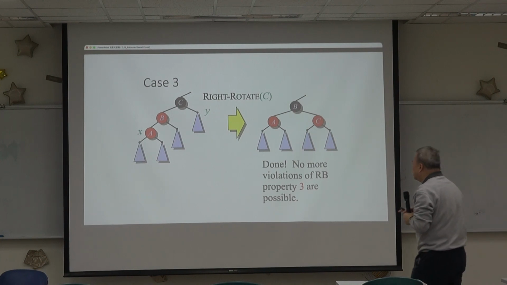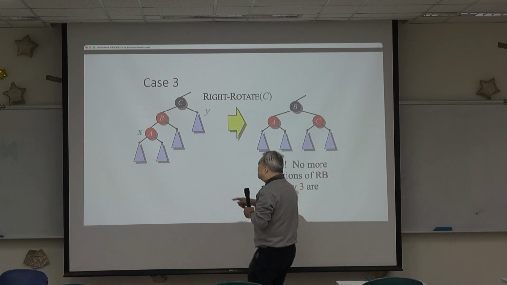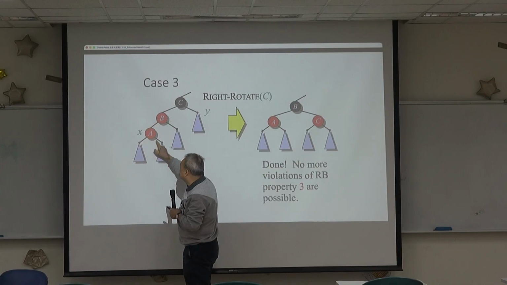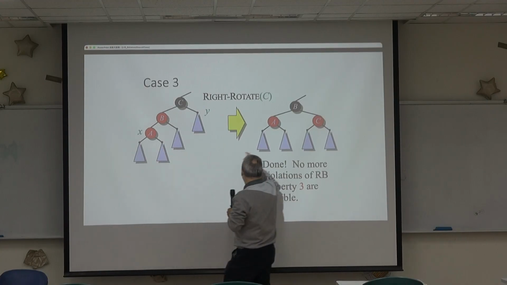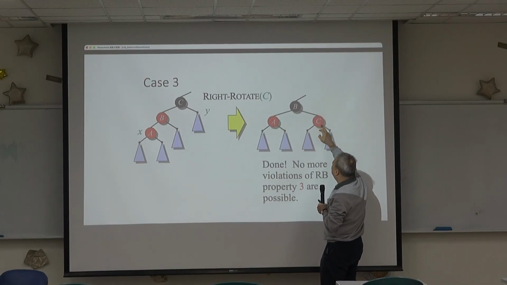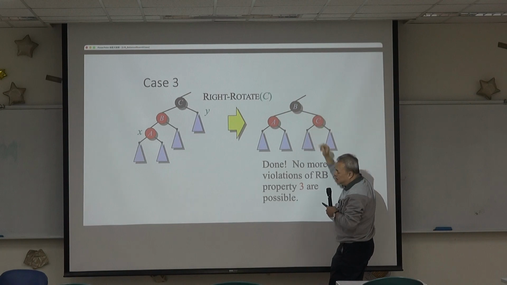Oh, by the way, each of these indicates a subtree with a black root. So because these two are black, when you color C red, it will not create any issue, because the roots of these two subtrees are black.